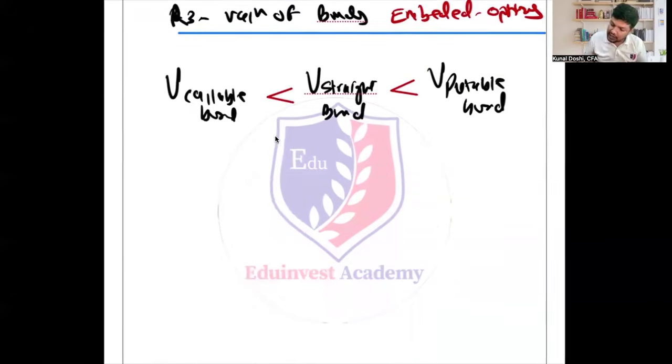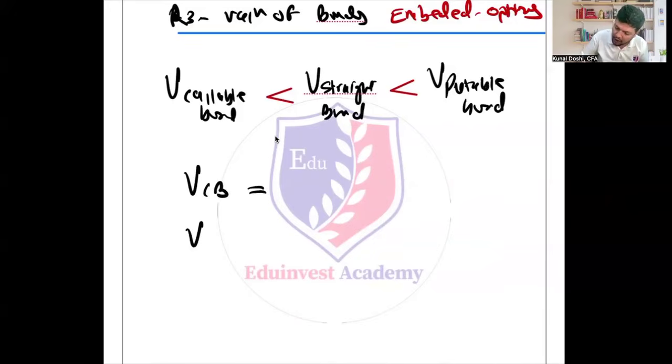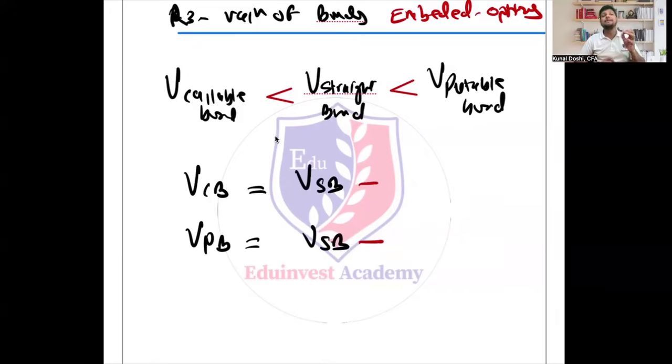So it is easy to understand that you can compare the value of a callable bond and of a putable bond with a straight bond. Compared to a straight bond, the callable bond's value is less, so it will be the straight bond value less the value of the call option.